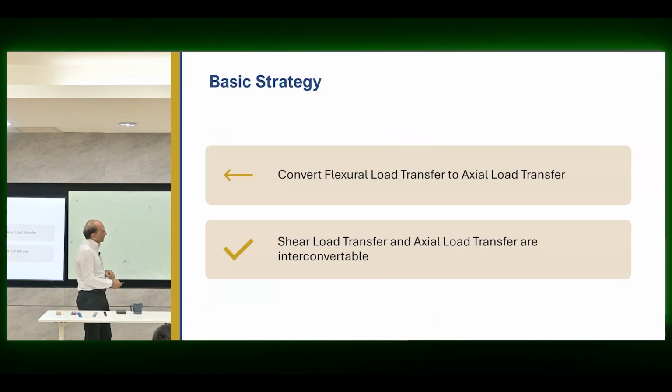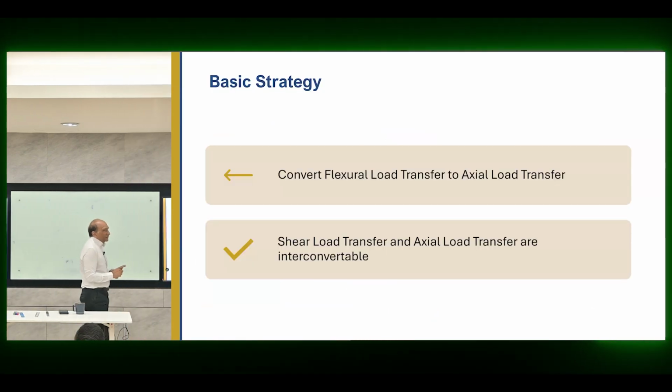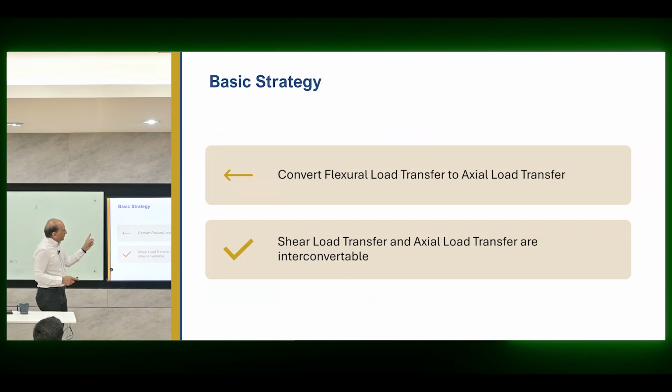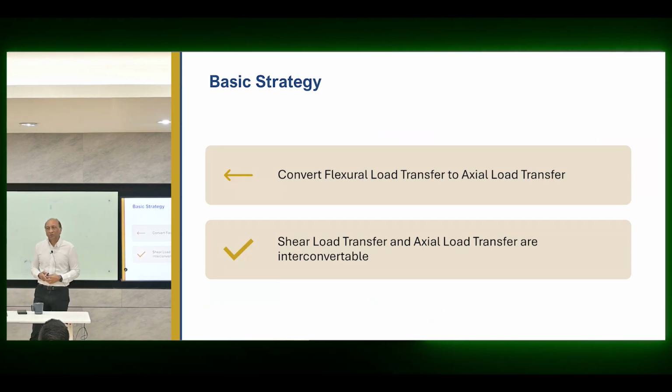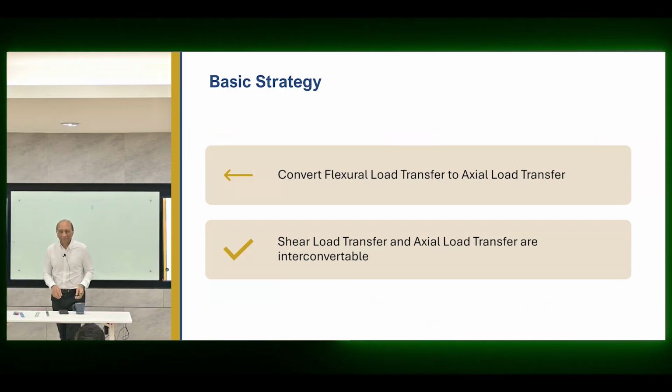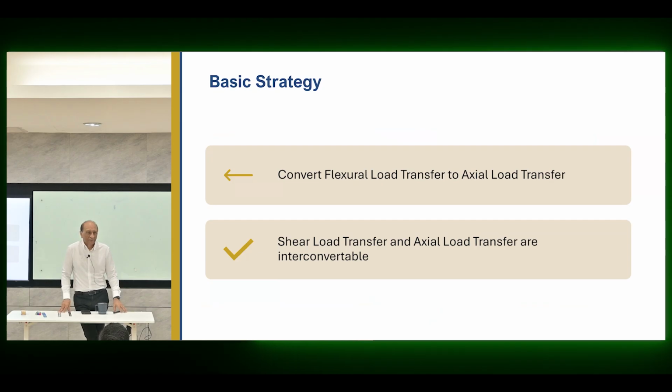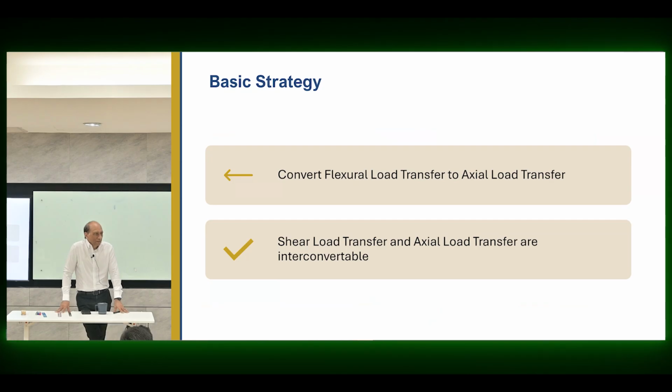So the basic strategy should be to convert flexural load transfer to axial load transfer. This is something that I'm going to say many times in this course. Whenever we can convert bending behavior into axial behavior, you would be much better off, because as you can see, axial behavior is far more efficient than bending behavior.